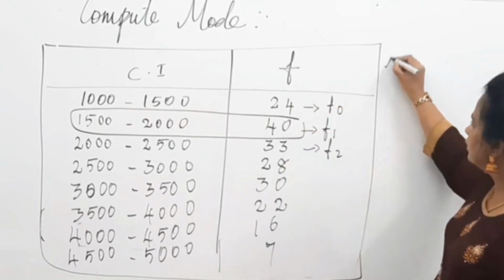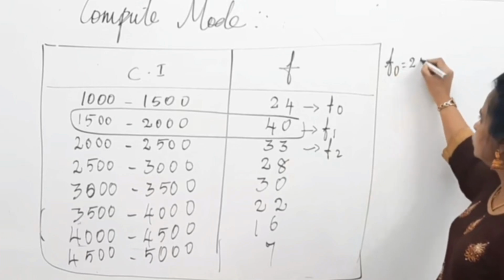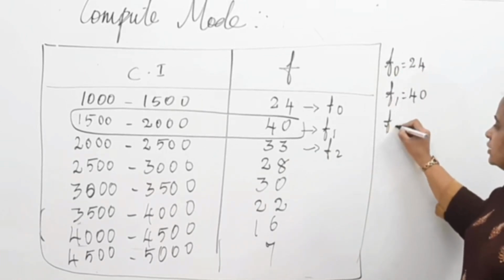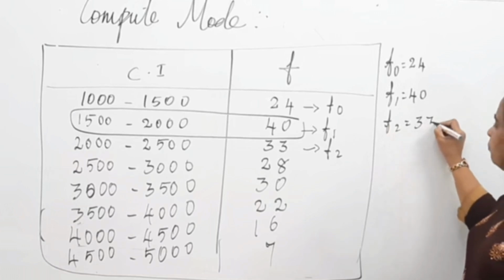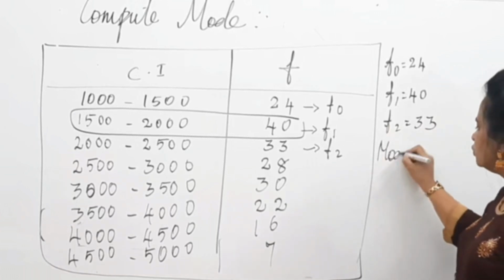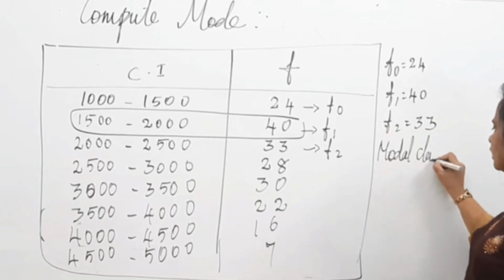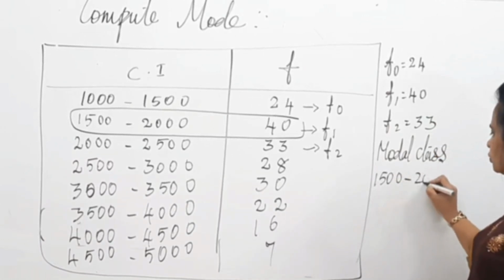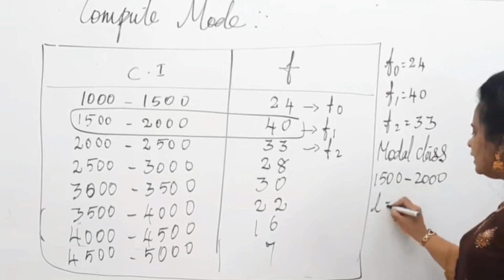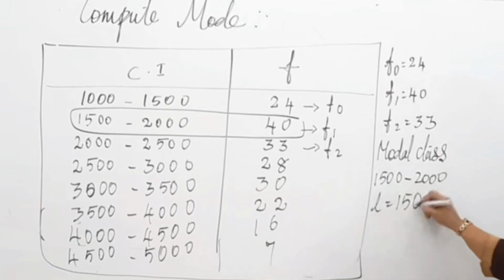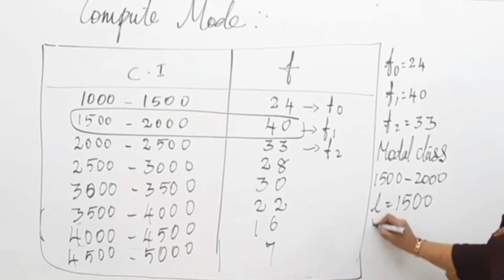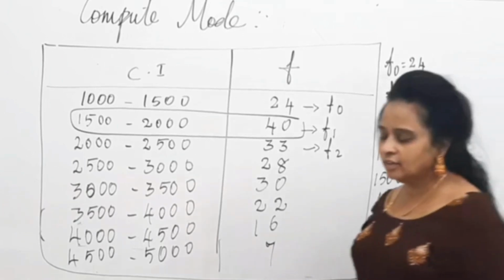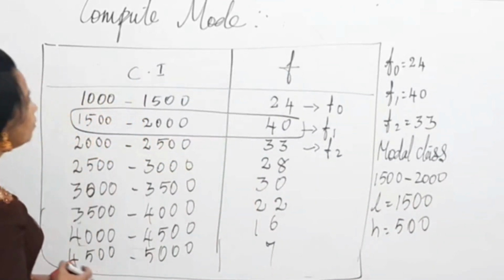So here my F0 is equal to 24, F1 is equal to 40, F2 is equal to 33, and my modal class is 1500 to 2000. So my L is equal to 1500 and my H is 500. I'll substitute all my values.